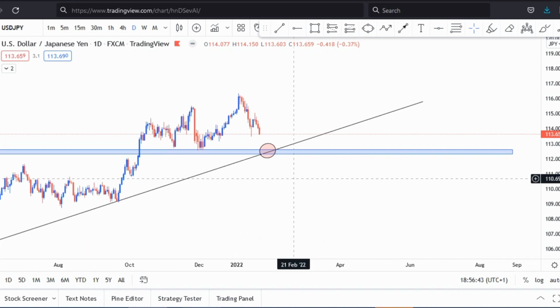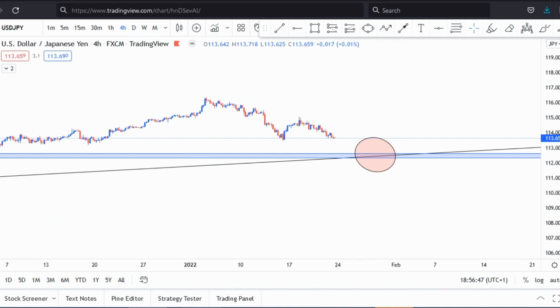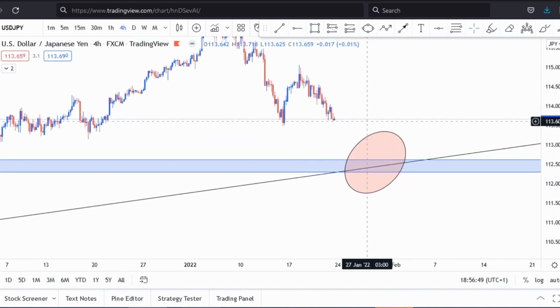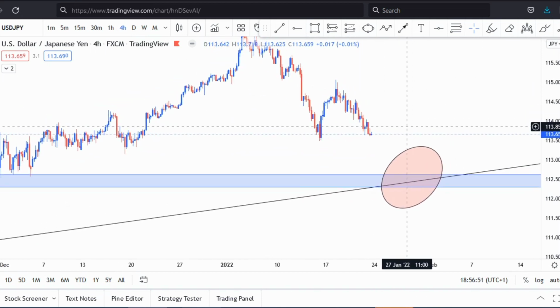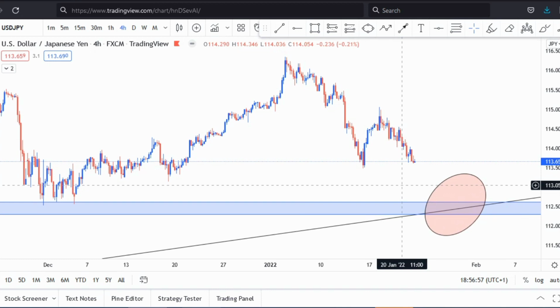If we go down to the 4-hour time frame, for me it's still more or less the same thing, that I wouldn't be trading. I'll just wait for price to get down to this level, and that's just my bias.